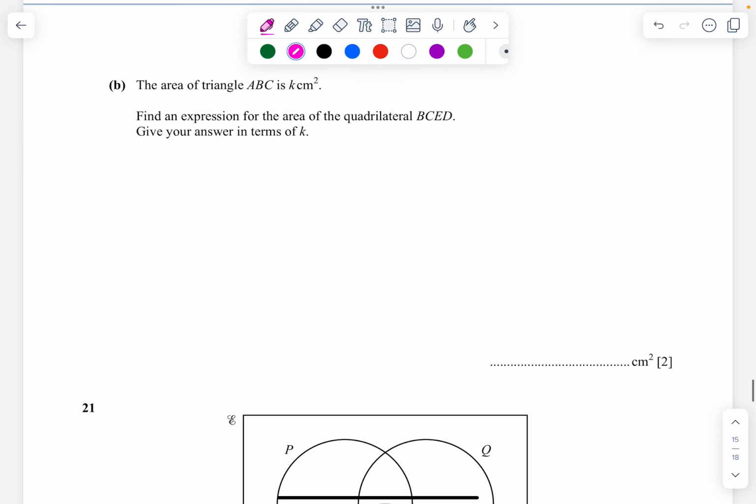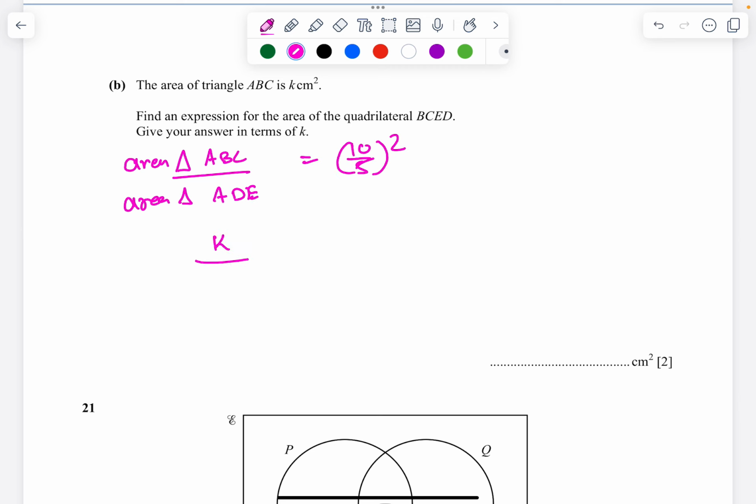So area of triangle ABC by area of triangle ADE equals 10 upon 5 whole square. Area of triangle ABC is k and area of triangle ADE equals 4.